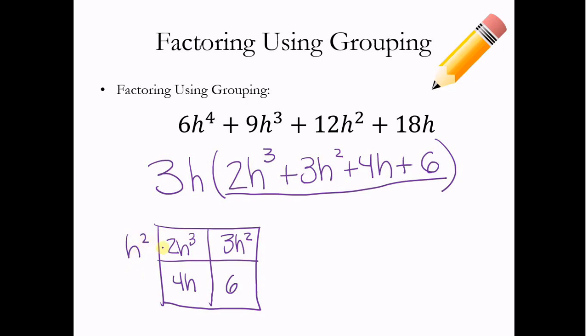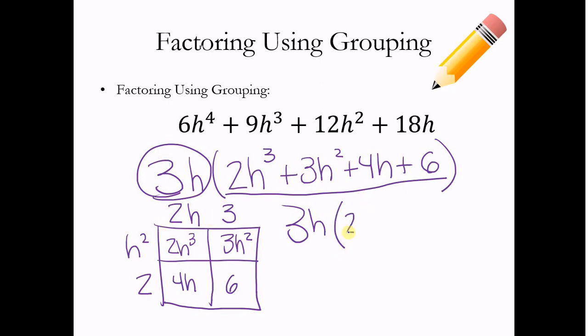So it's going to be h squared going this way. h squared times 2h will give me 2h cubed, right? 2h times 2 will give me 4h. And then 2 times 3 will give me 6. Rewrite my GCF in the front. And then I'm going to write my outsides. 2h plus 3, h squared plus 2.